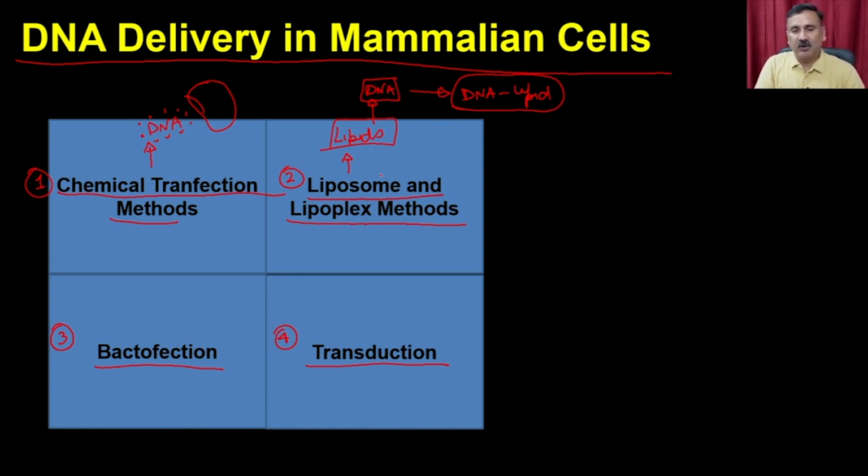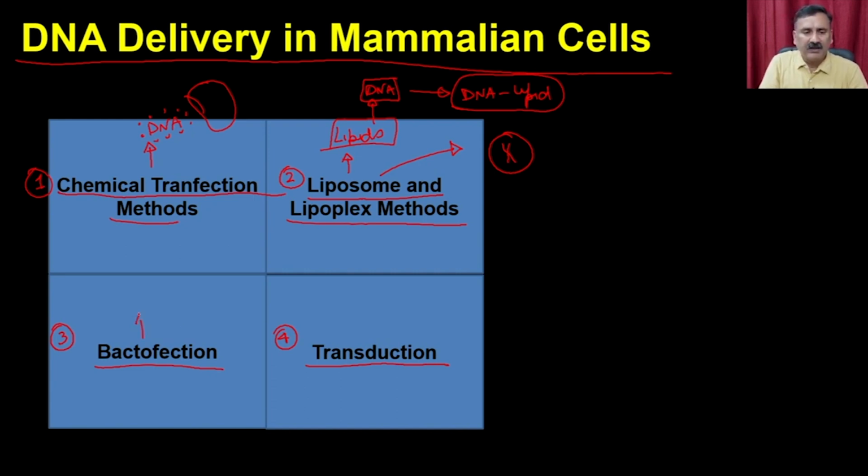In some cases, people also try the liposome method, where you entrap the DNA inside the liposome, and that's how these liposomes, having the DNA inside, are taken up by the mammalian cells.